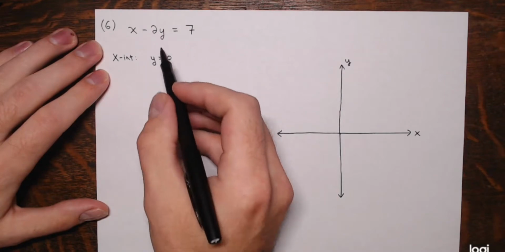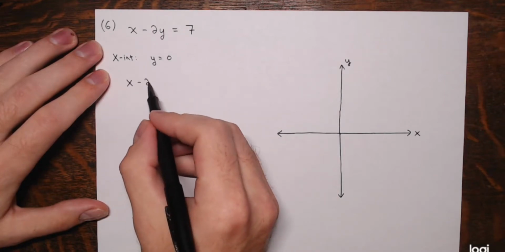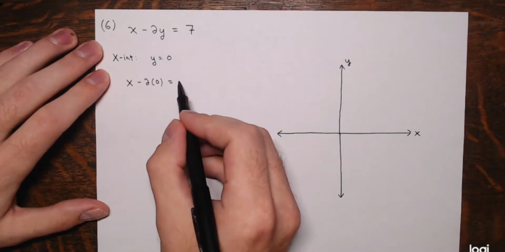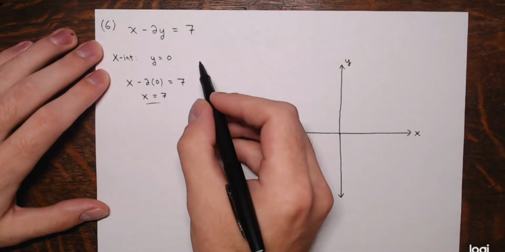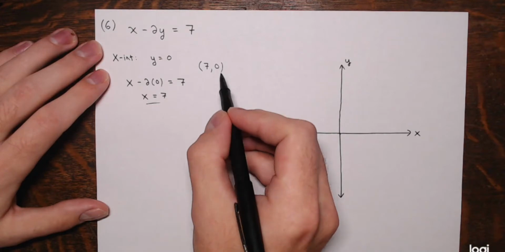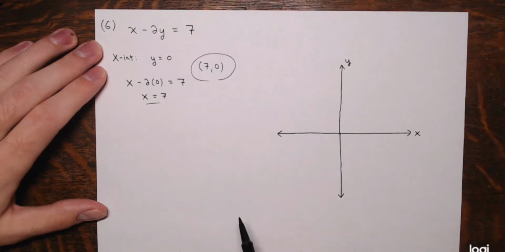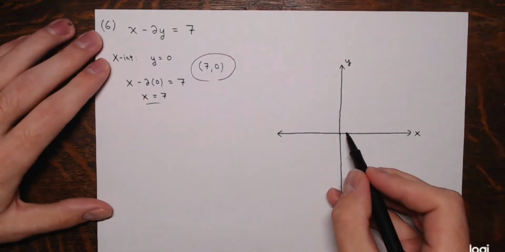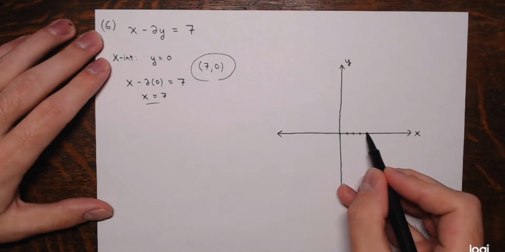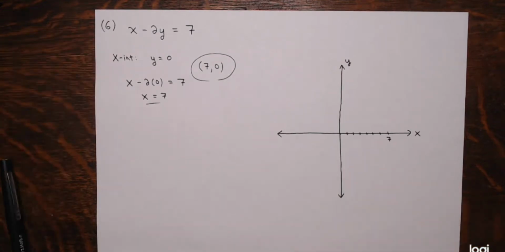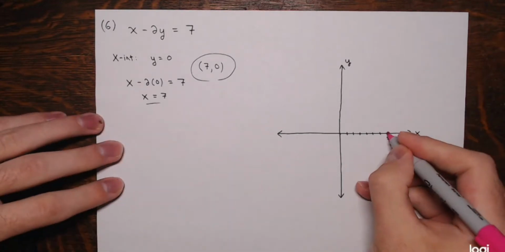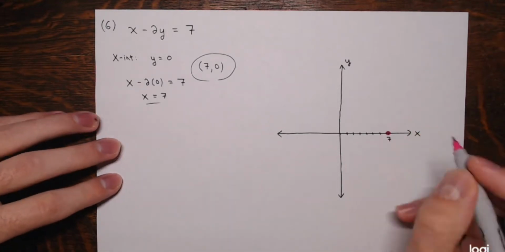So replace y with 0. We have x minus 2 times 0 equals 7. So clearly just x equals 7. Alright, so there's the x-intercept. Right? (7, 0). 7 for x. 7 on the x-axis, 0 on the y-axis. There's the x-intercept for this graph.